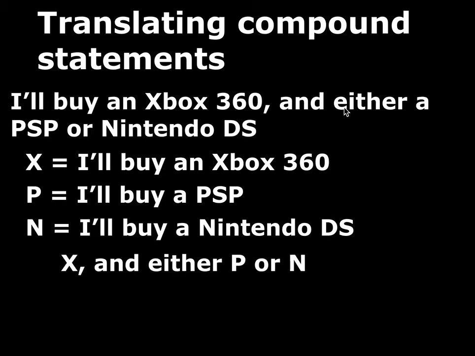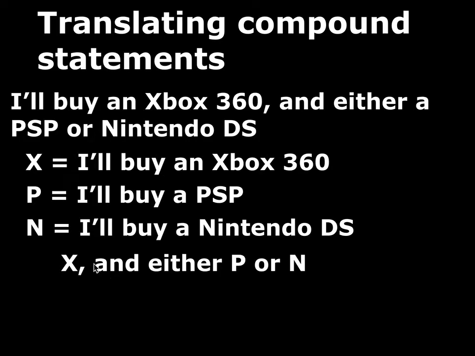If we rewrite, we get X, comma, so I'm leaving the comma in, and either P or N. Now, the comma is next to the and. So there's 2 operators here. There's a conjunction and then there's a disjunction. The comma is next to the conjunction, not next to the disjunction.